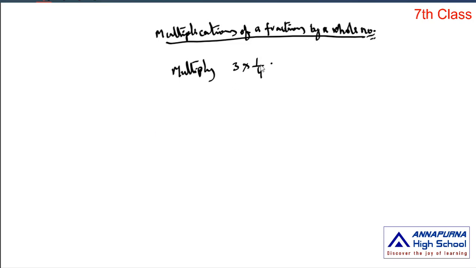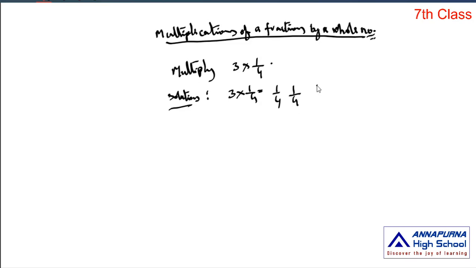Of course, we can multiply a whole number and a fraction by using two methods. Let us find this one by using repeated addition. What is the solution? 3 into 1 by 4, so what does it mean? 3 into 1 by 4 means 3 times 1 by 4.